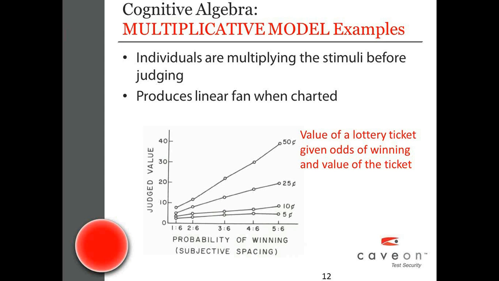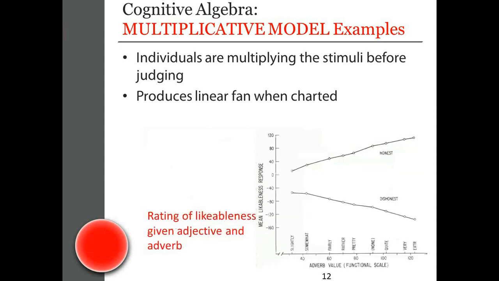Let's see another one. This is closer to the kinds of things we look at in testing. These individuals were asked to judge the likableness of a person given a combination of an adjective and an adverb, and those are on the right side. The adjective is honest. The adverbs are all listed along the bottom.